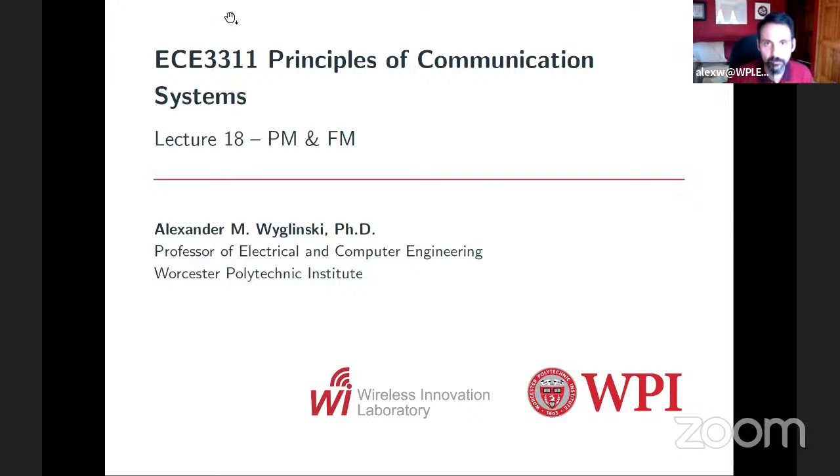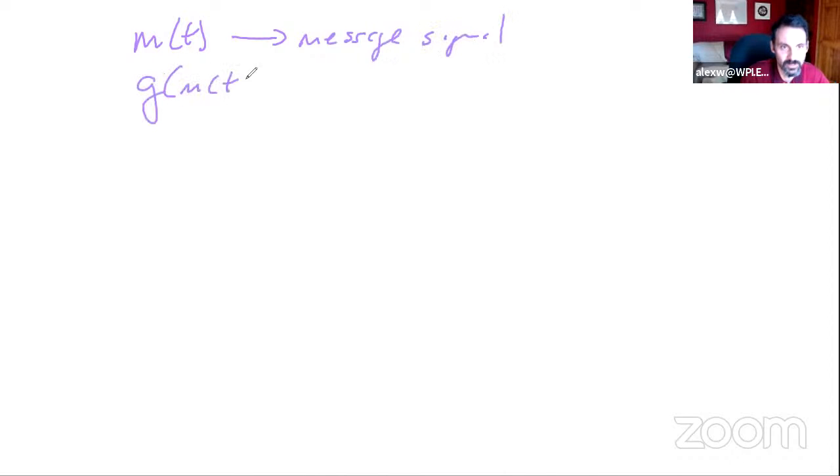So again, we go to the core mappings, right? If we have a message signal, M of t, we have G of M of t. This is my baseband signal, and this is a mapping of M of t.